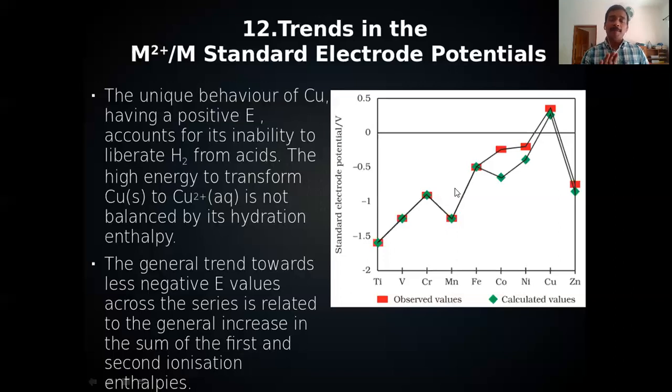Among the first transition elements, only copper is showing a positive electrode potential. Copper cannot liberate hydrogen from dilute acids, you know it. And what is the reason for the positive electrode potential of copper?